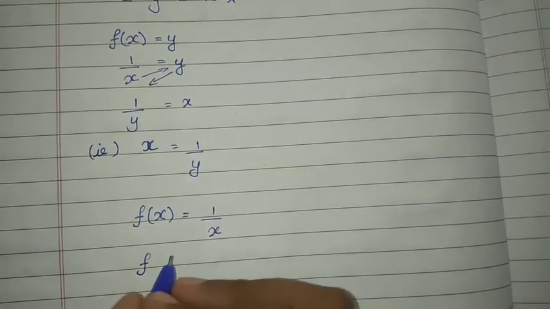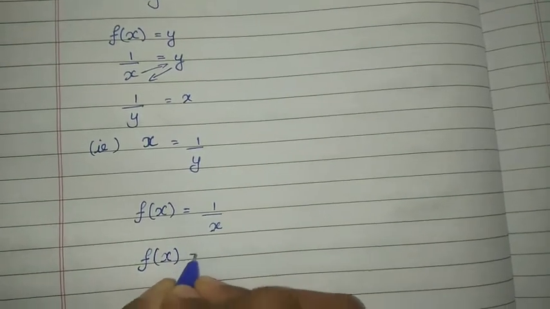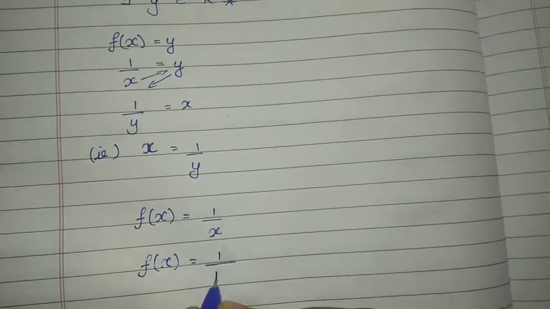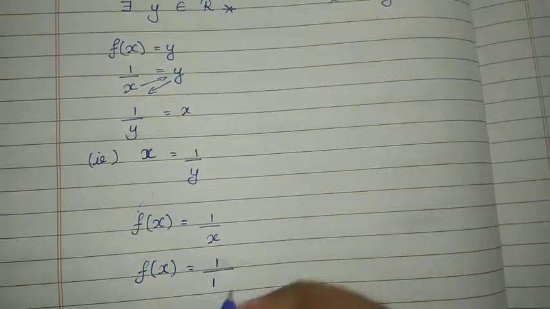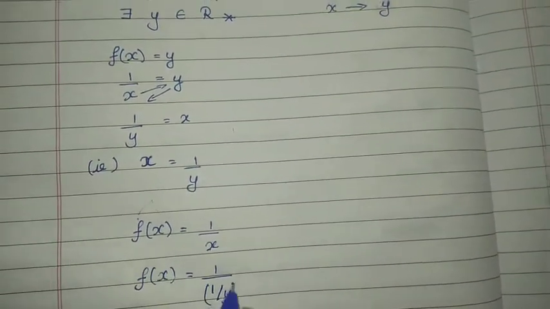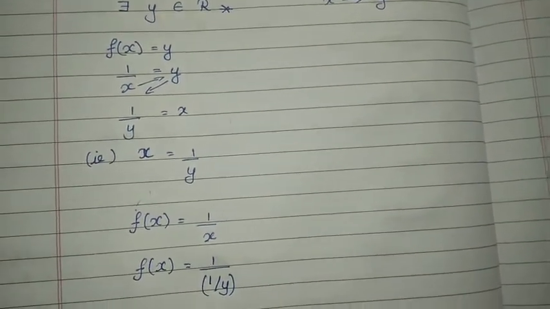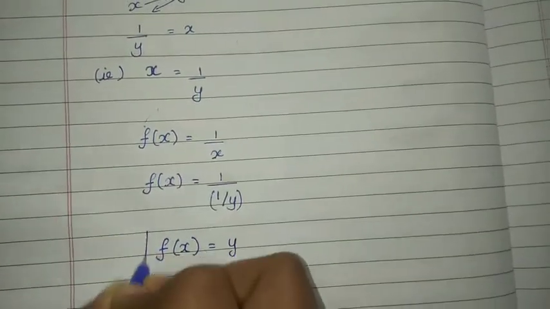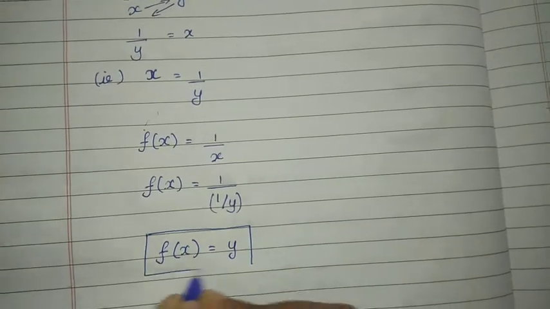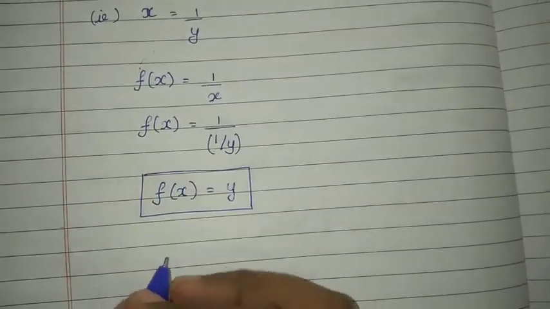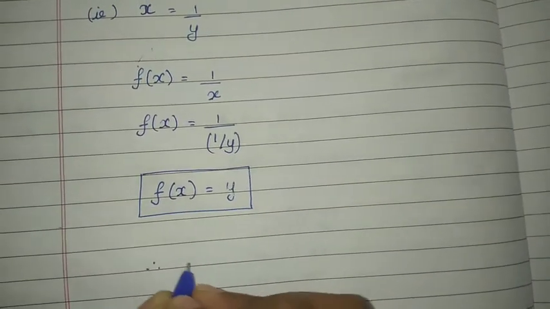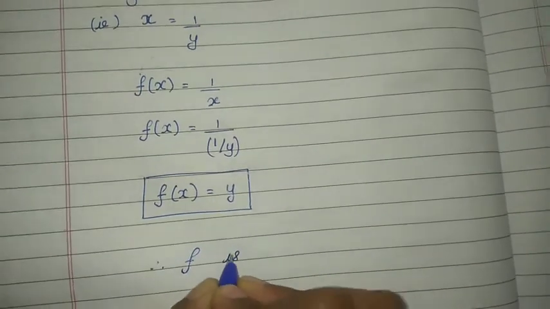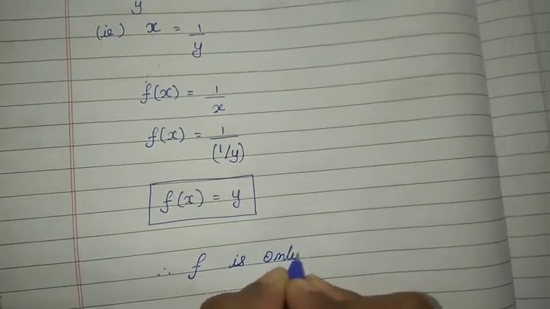If not, it is not onto. f of x is equal to 1 by, what is the x value? 1 by y, isn't it? If we take the reciprocal, we will have f of x is equal to y. Hence, this is the required condition that we got. Therefore, I will say that f is onto.